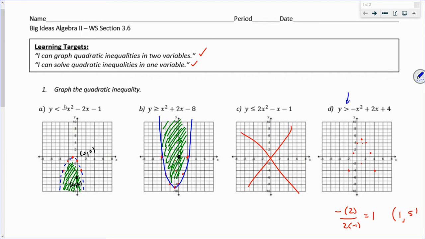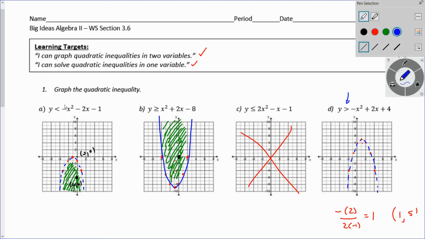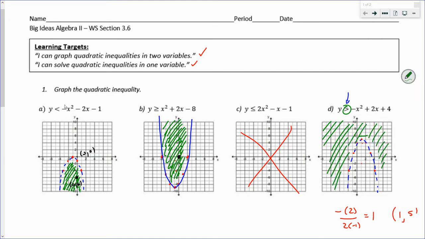This tells me I need to dash it. Now, this sign is also telling me go greater than the vertex, so above the vertex would be right there.